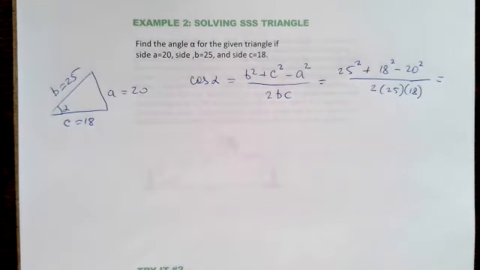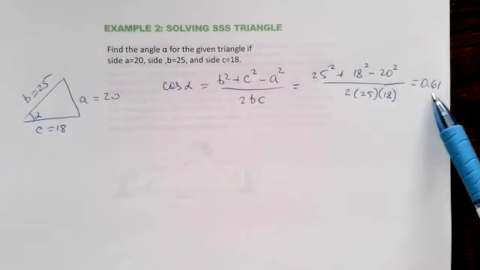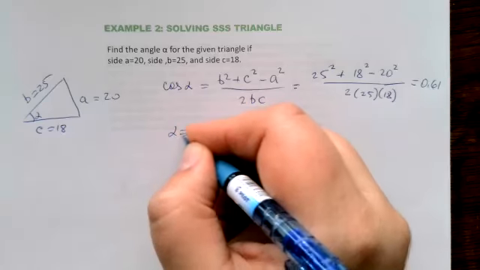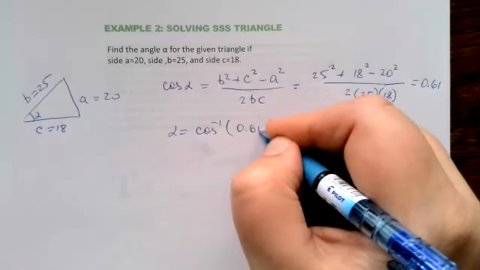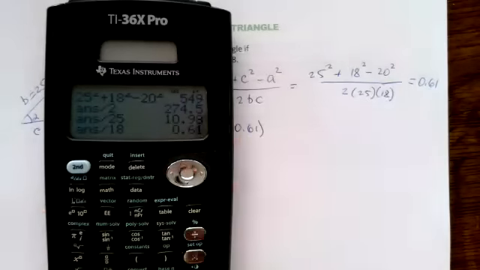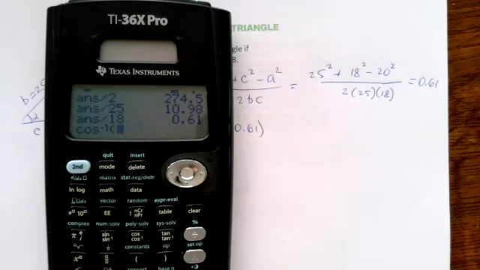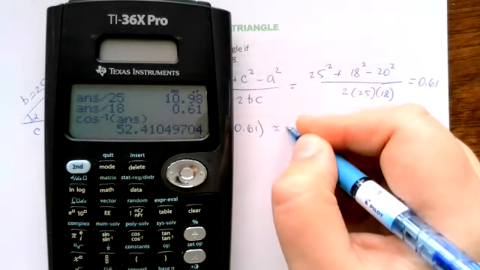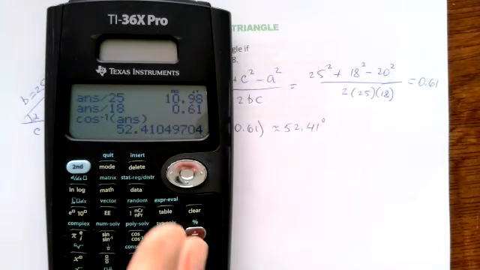All right, and when we put this all in the calculator, we will get 0.61. So to find alpha, we're going to invert this cosine, which will give us approximately 52.41 degrees.